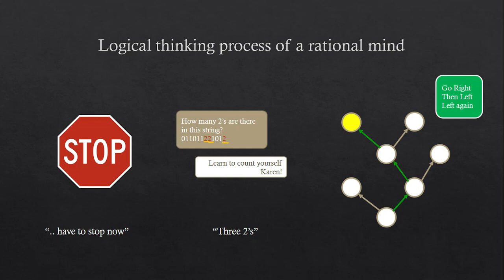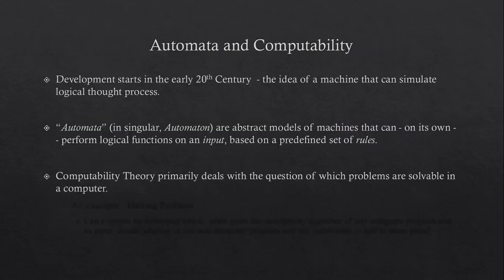So the automata theory basically started from this in the early 20th century, when mathematicians and logicians tried to develop the idea of a machine that can replicate this thought process the way we think. They wanted to develop the concept of a machine that can do the same. Automata are abstract models of machines that can, on their own, based on some predefined rules, perform logical functions on a given input.